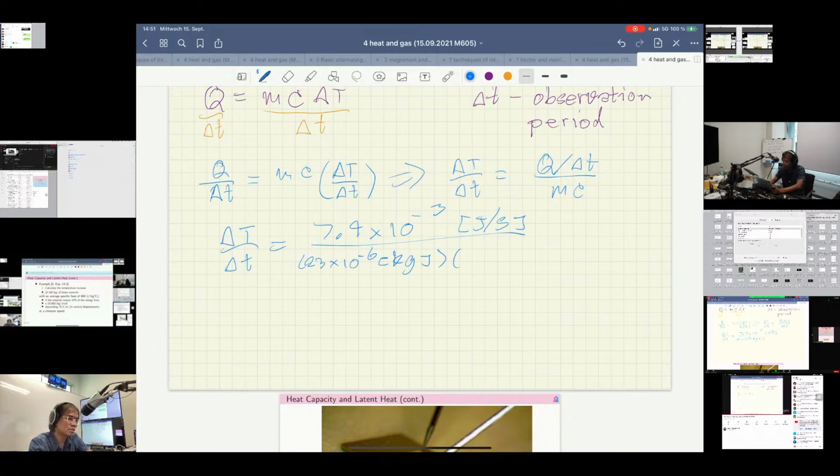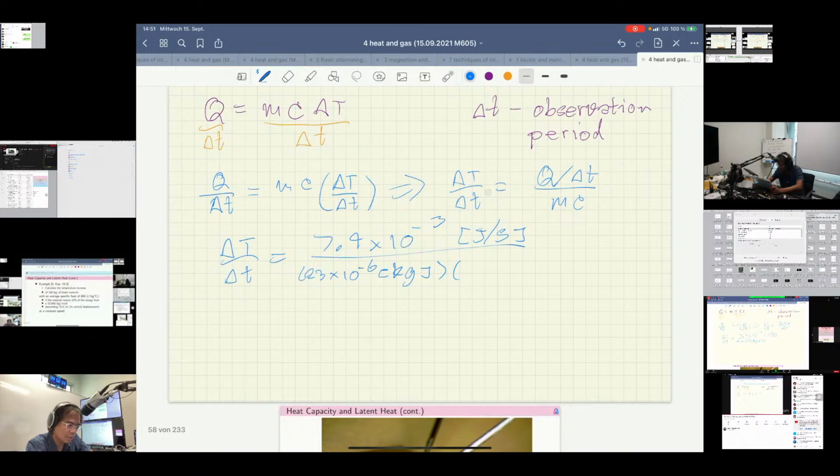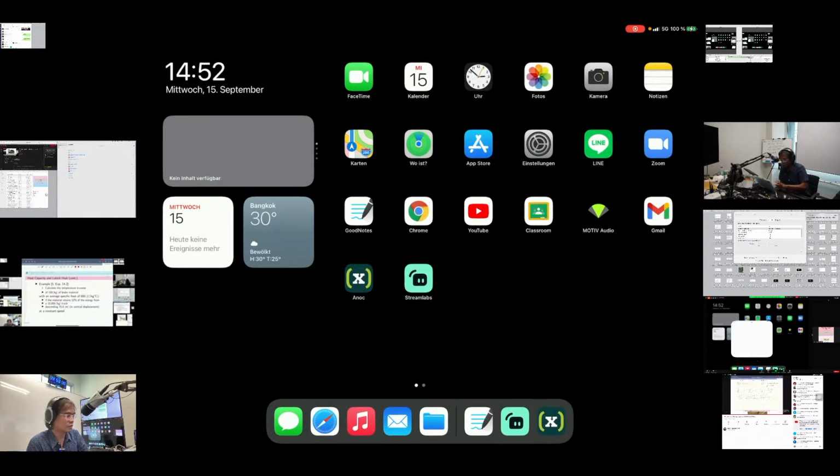And C is the specific heat of the silicon, this semiconductor, 705 joule per kilogram Kelvin. Both together, and then we would put this value into the calculator.